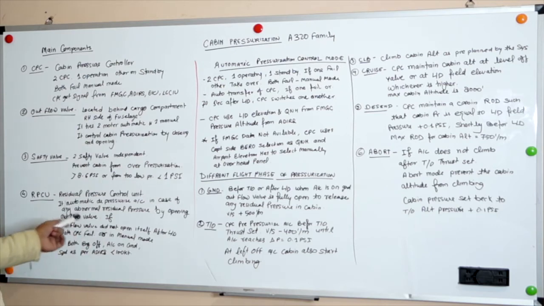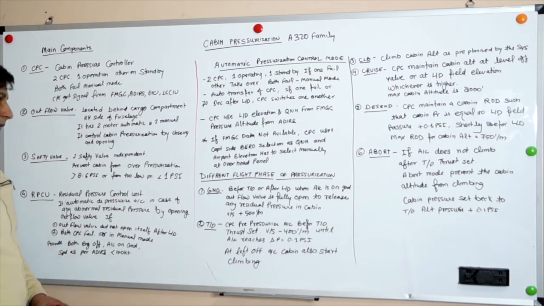Okay, and if the outflow valve is not opening itself after landing, or if both CPCs have failed, or the aircraft is operating in manual mode, then it works to open the outflow valve to release the residual pressure, provided that both engines are off, the aircraft is on the ground, and speed as per the ADRS is less than 100 knots. Okay, so these are the main components.